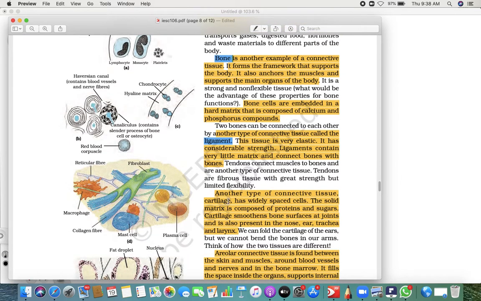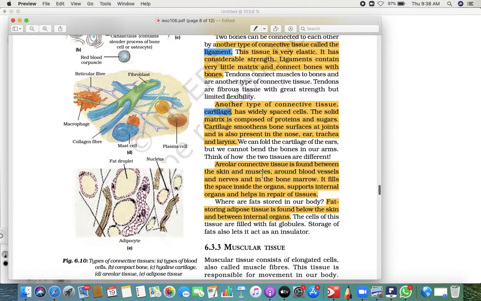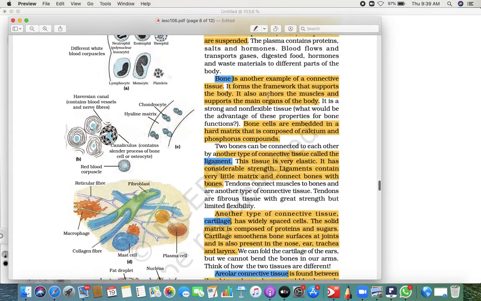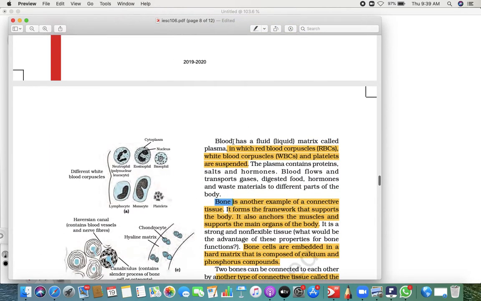Then the next is cartilage. What I am talking about here are all connective tissues. Then the last one is areolar connective tissue, and fat. So we can talk about five types of tissues. Those are all connective tissue. Again, I repeat, we are going to see connective tissues one by one.